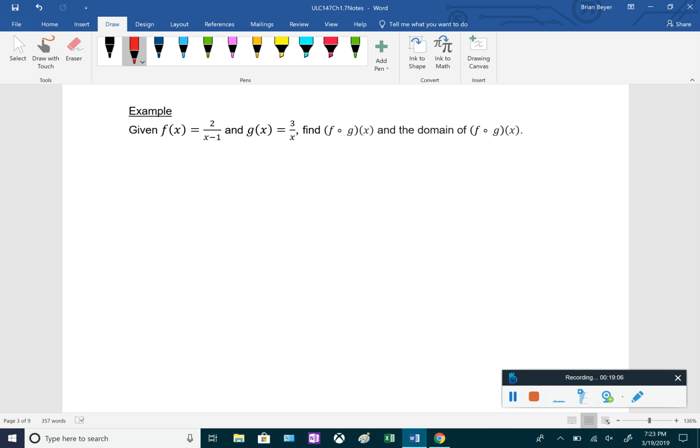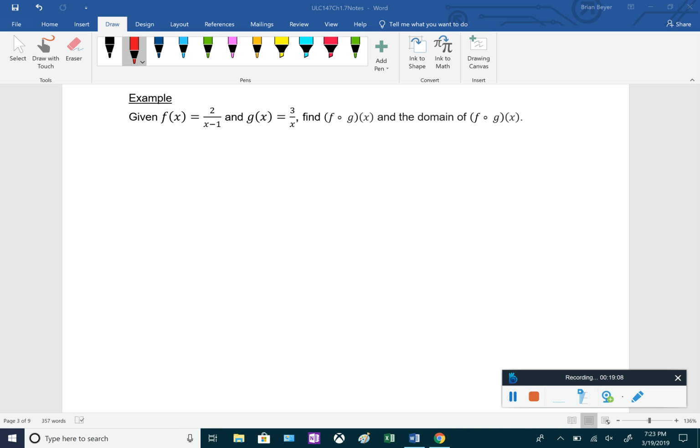Okay, so let's do another one. Given f of x is 2 over x minus 1 and g of x is 3 over x, let's find f of g of x and the domain of it also. So f of g of x, we're plugging g into f. f is the main function, so it's 2 over x minus 1.